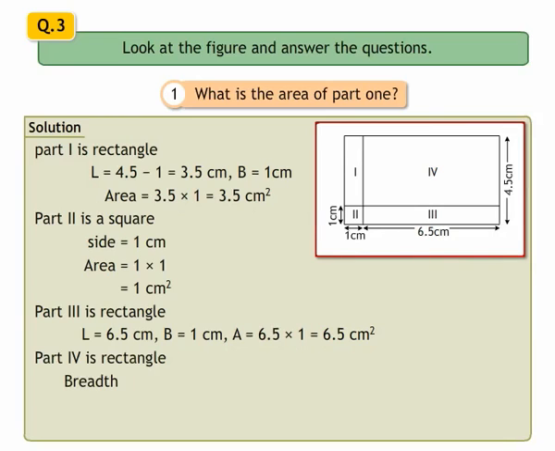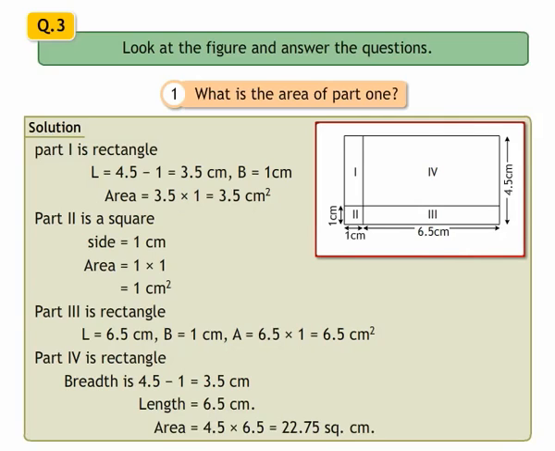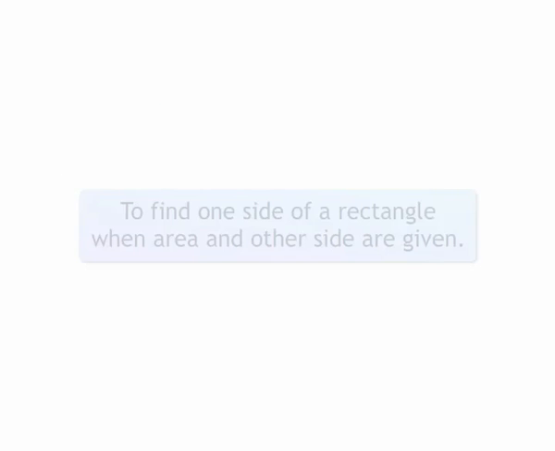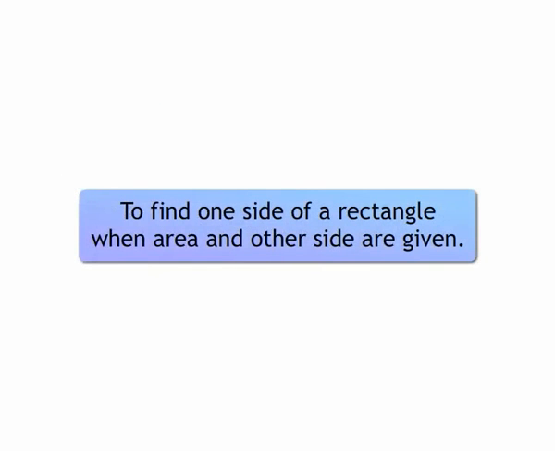Breadth is 4.5 minus 1 equal to 3.5 centimeter. Length is 6.5 centimeters. Area is 3.5 into 6.5, which is 22.75 square centimeters.